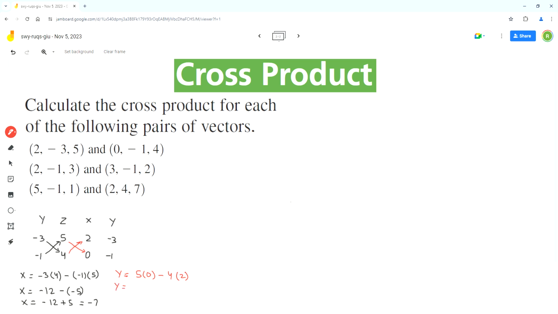5 times 0 is 0. 4 times 2 is 8. So I get -8. Now we can find the z component by cross multiplying the x and y components.